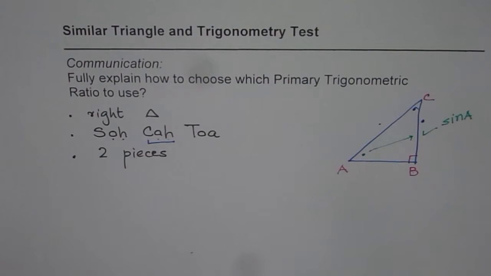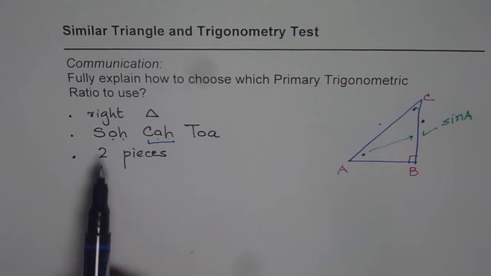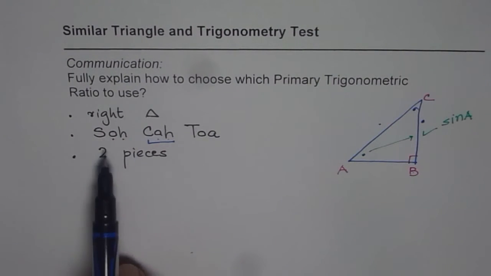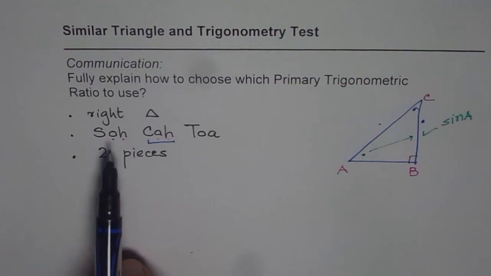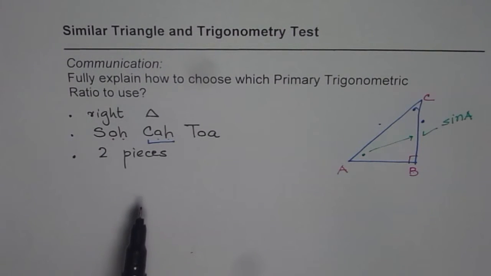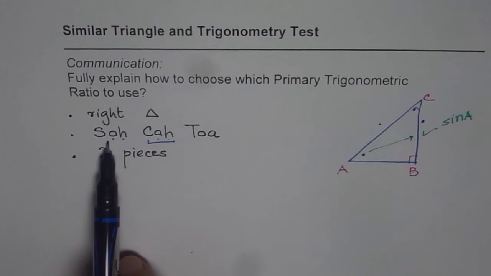But anyway, the idea is we are trying to solve a right triangle, and to make the right choice we should have information about at least two pieces. Depending on which two pieces are given to us, we can figure out which primary trigonometric ratio we should use, and that comes from SOHCAHTOA.